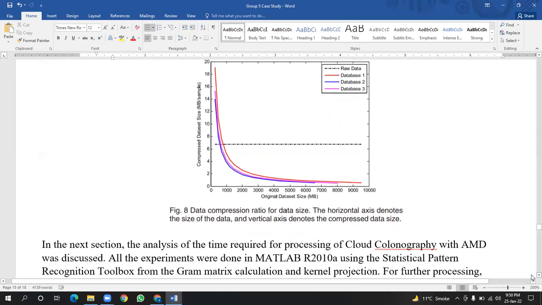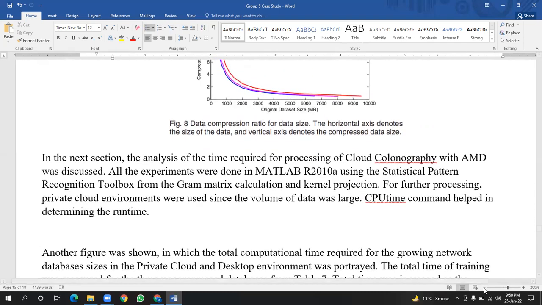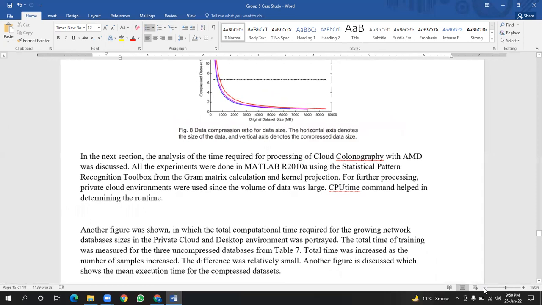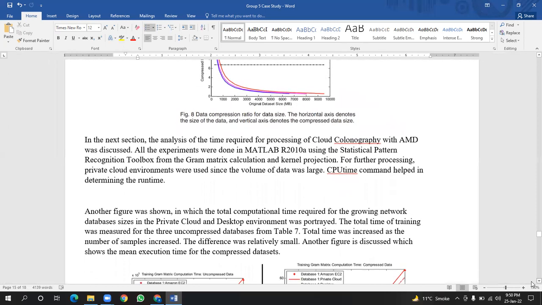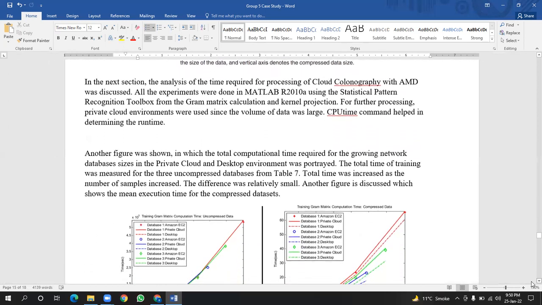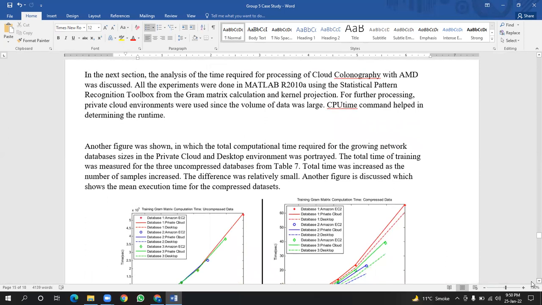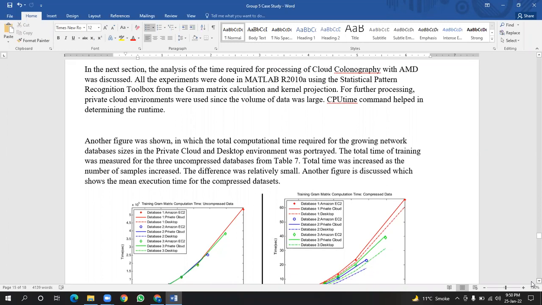In the next section, the analysis of the time required for processing with AMD was discussed. All the experiments were done on MATLAB using a statistical pattern recognition tool for the Gram matrix calculation and kernel projection. For further processing, private cloud environments were used, and the CPU time command helped in determining the runtime.